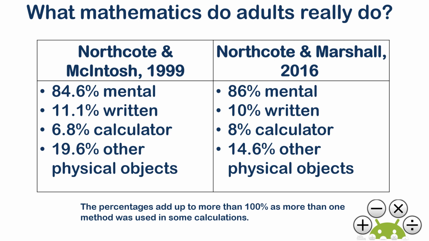Interestingly, there was a greater use of the calculator in 2016. In 1999, there was perhaps a greater use of other physical objects, manipulative materials, etc., to help work out the calculation. Because we're relying a bit more on the calculator, a bit less on written methods, and a bit more on mental, we use physical objects not as much.